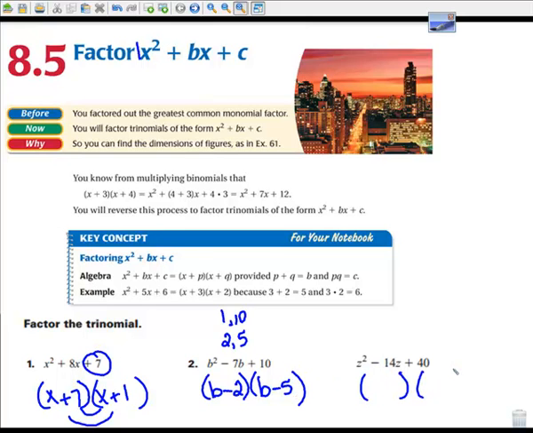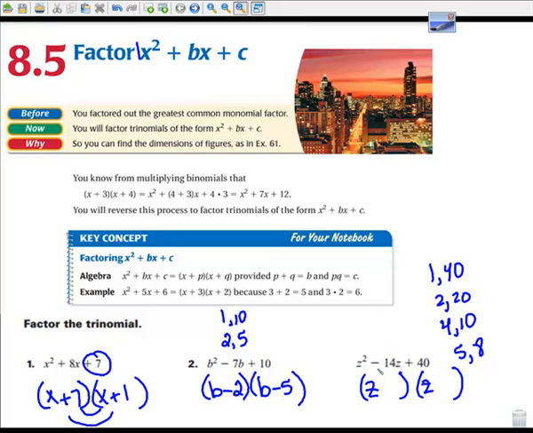Here's another one. We're going to go z times z, and for 40 I've got more that I can list. It's 1 and 40, 2 and 20, 4 and 10, 5 and 8, and I want them to combine and make a negative 14.